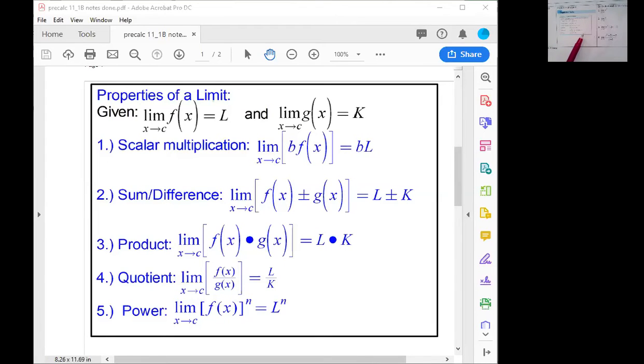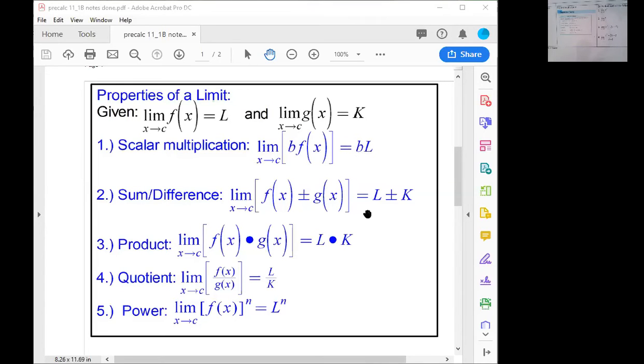It says the properties of limits. Given the limit of f of x equals L as x approaches c, and the limit of some other function as x approaches c is just k. Scalar multiplication: if we multiply the function times some number b, then our limit is just multiplied by that number b.